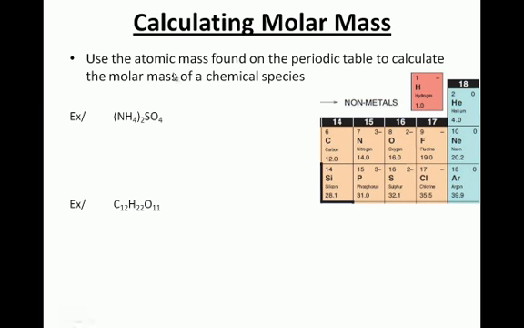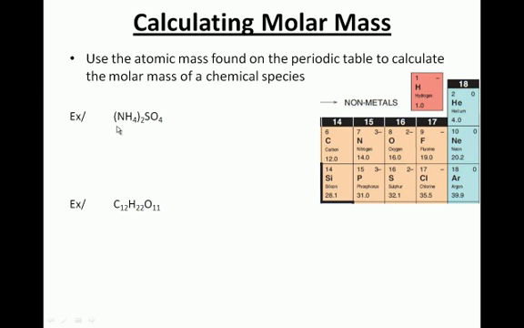Okay, now that we have significant figures down, we're going to talk about calculating molar mass. So if you remember from grade 11, here is a small section of the periodic table. We just have a few elements, the elements that we need to calculate the molar mass of these two examples right here.